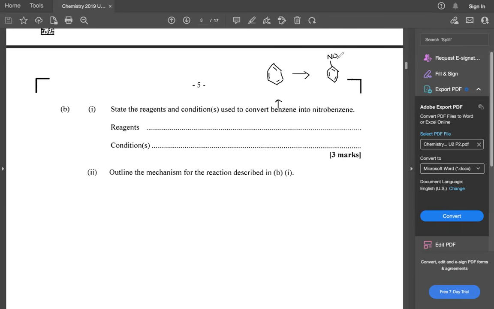So in order to do this kind of conversion from benzene to nitrobenzene, you're asking us what reagent do we need, right? So essentially what we're doing is the nitration of benzene. We're nitrating benzene.